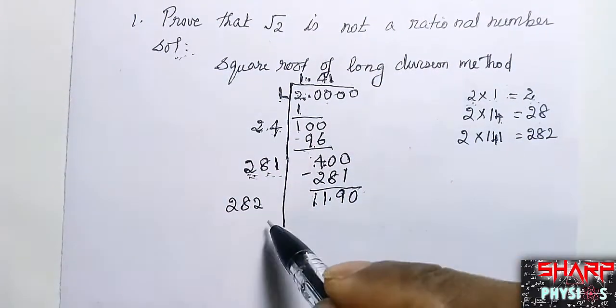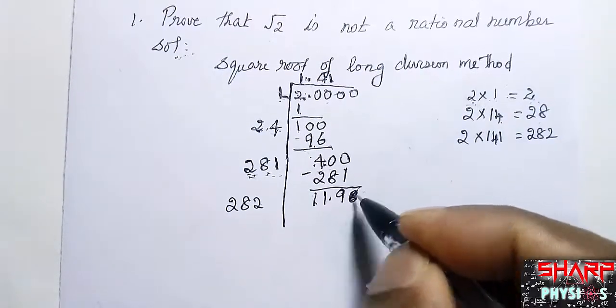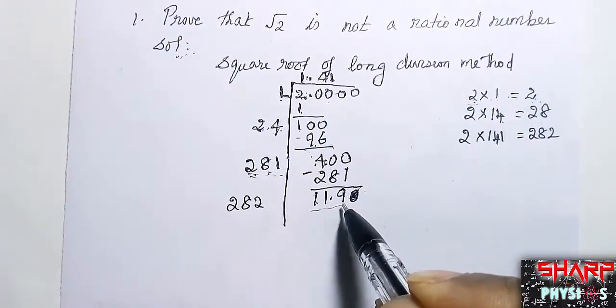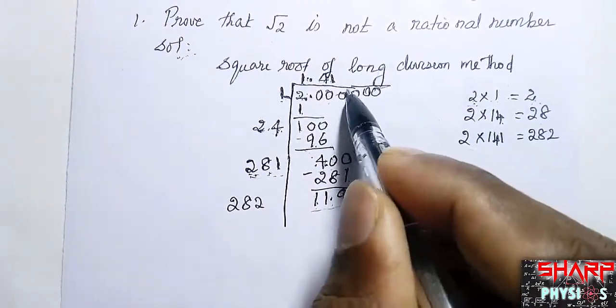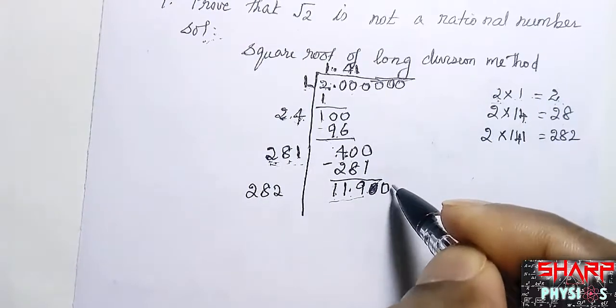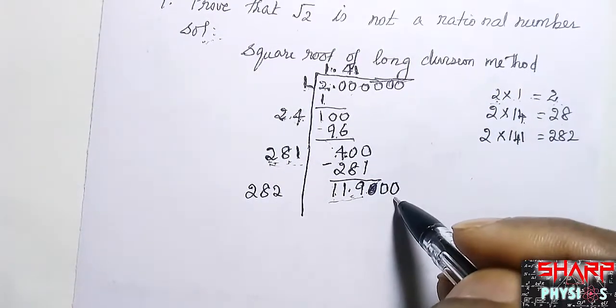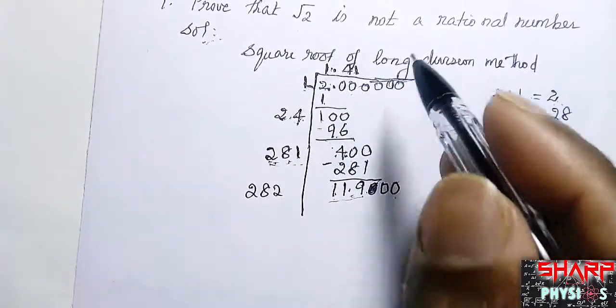Now 282 is very much bigger than 119. So you have to introduce 2 more zeros here and place the 2 zeros here. So it is now 11,900 here. How many times this will go, we have to check.